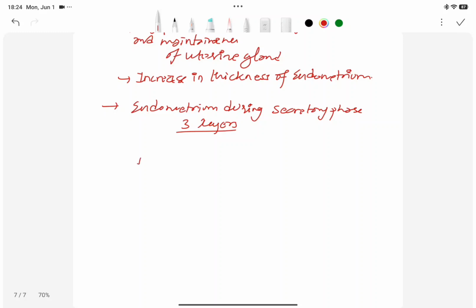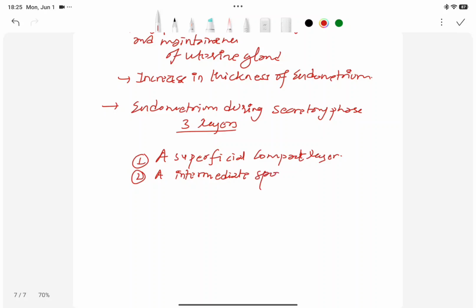There is a superficial compact layer, an intermediate spongy layer, and a thin basal layer.